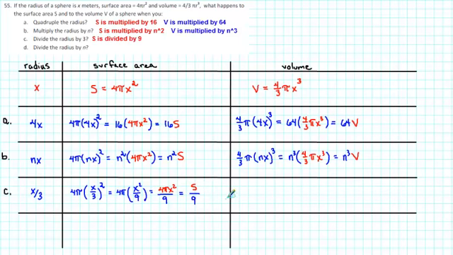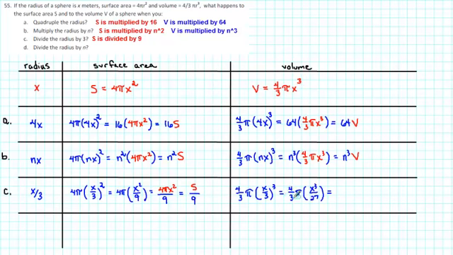To determine what happens to the volume V, we substitute x over 3 for r in the volume formula. We get 4/3 pi times the cube of x over 3. When we cube x over 3, we get x cubed over 3 cubed, or x cubed over 27. Now remember, we're trying to determine what happens to V. When we look at V, we see a factor of 4/3, a factor of pi, and a factor of x cubed.